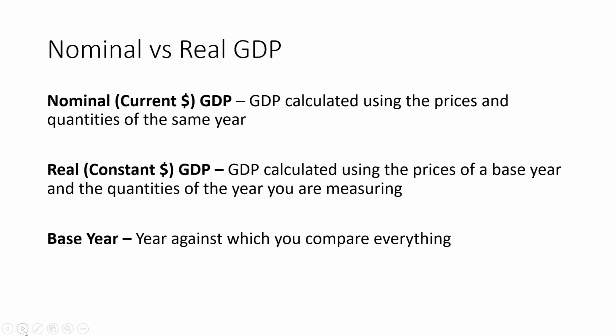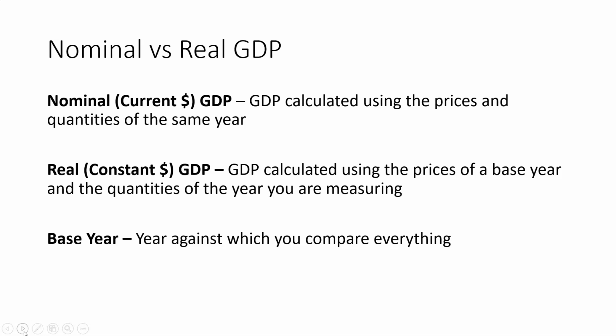But there's a problem with using nominal GDP. If we tried to compare nominal GDP from the year 2017 and nominal GDP for the year 2018, if 2018 is larger than 2017, can we rightfully conclude that output went up, that we produced more goods?